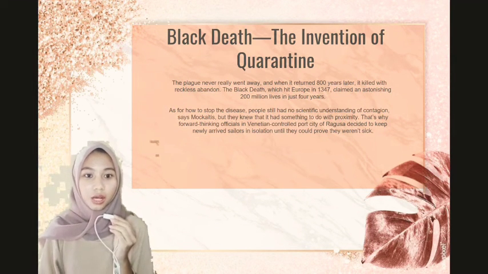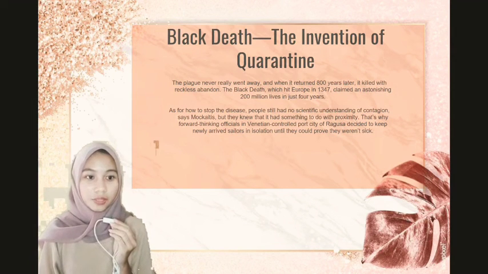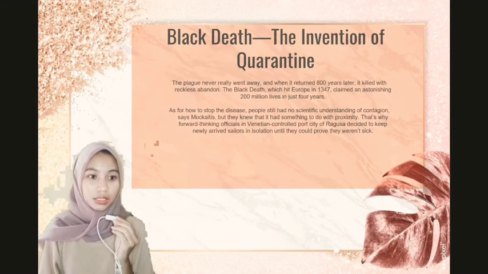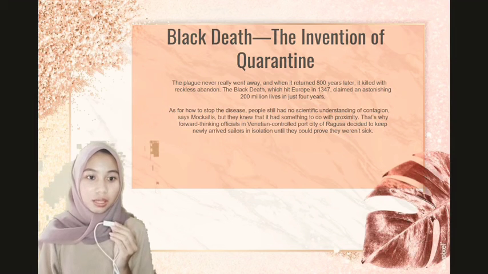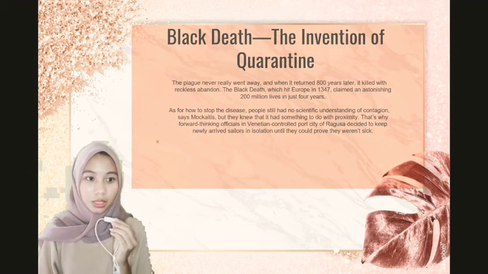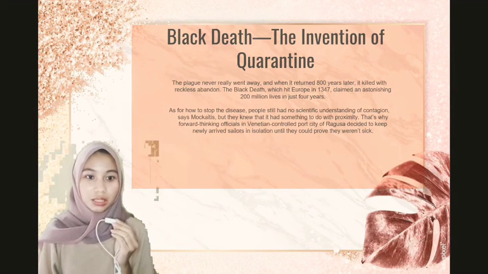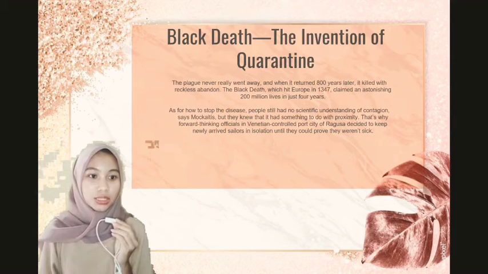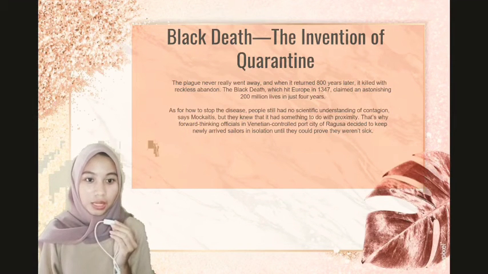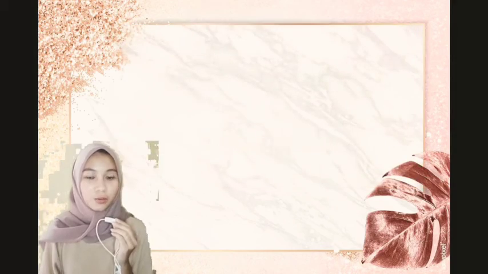As for how to stop the disease, people still had no scientific understanding of contagion, says Mockaitis, but they knew that it had something to do with proximity. That's why forward-thinking officials in the Venetian-controlled port city of Ragusa decided to keep newly arrived sailors in isolation until they could prove they weren't sick.